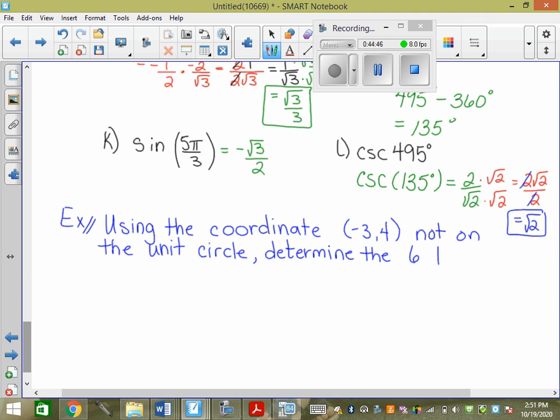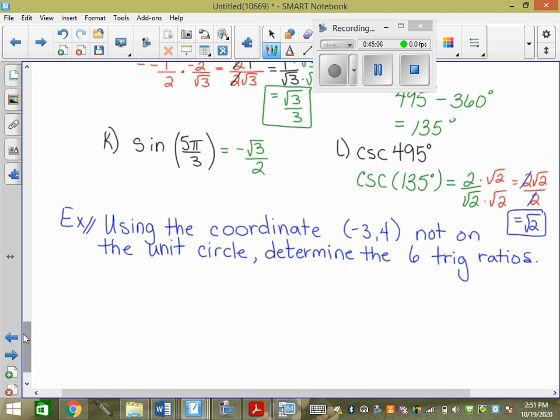These are called trigonometric ratios. So we need the 6, which means we need cos, sine, tan, cotan, cosecant, secant, all of them. Okay?